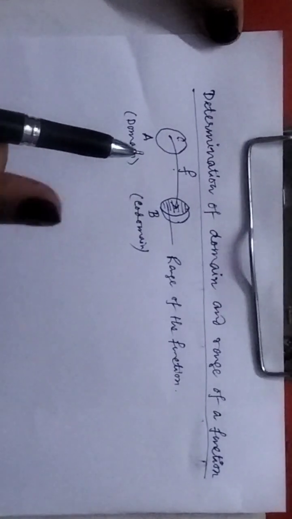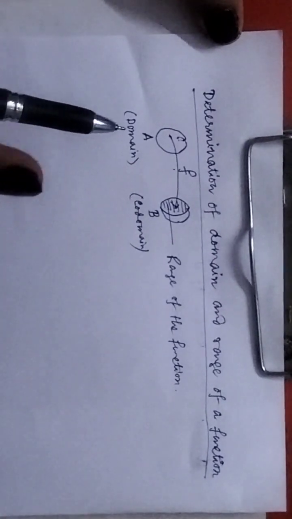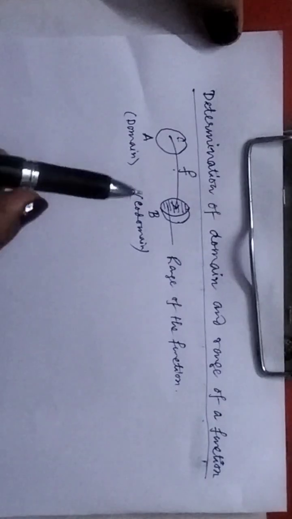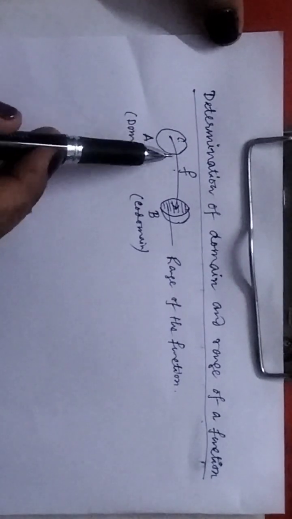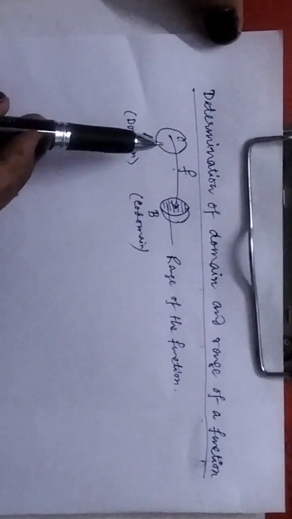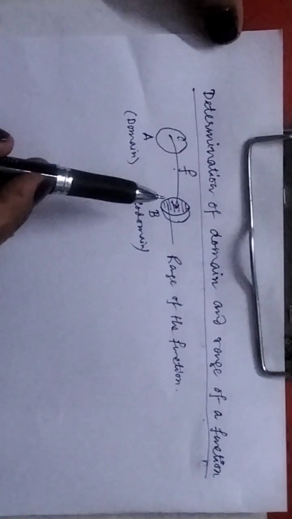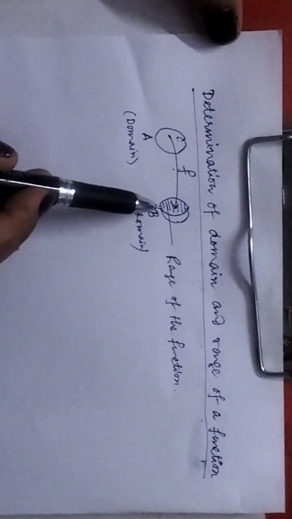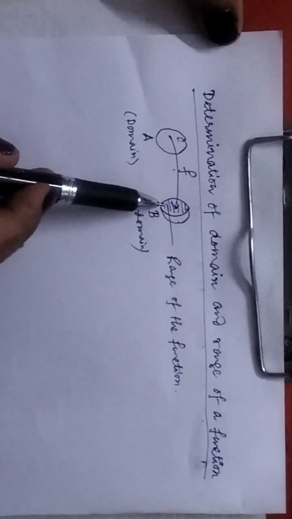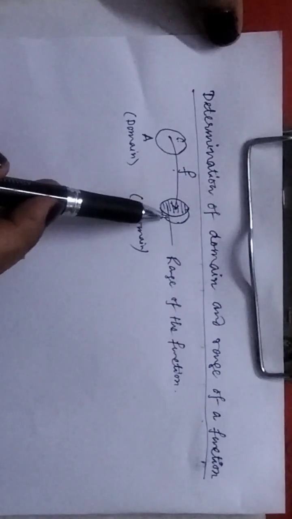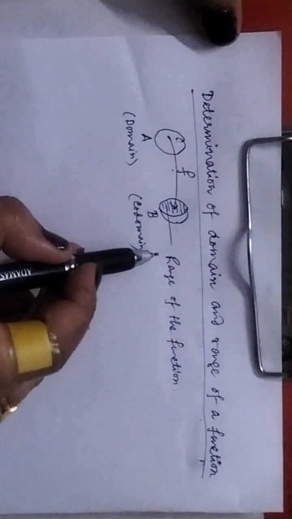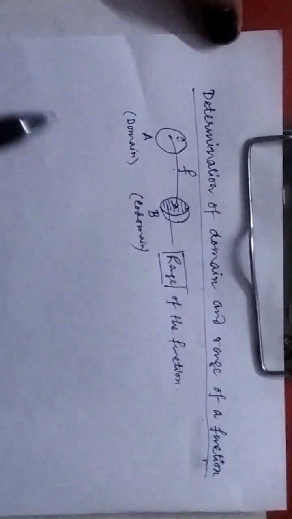But in case of function, all the elements of the domain set must have a unique image in the codomain set. And the set of all those unique images makes the range of the function.